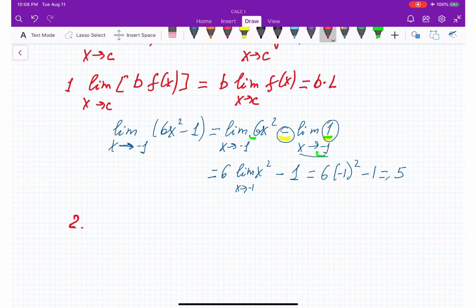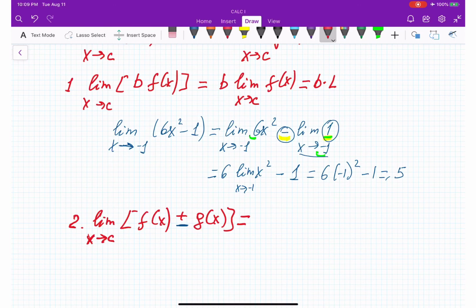One more time, let me write it down. The limit of the sum or difference of two functions as x approaches c is equal to the sum or difference of the limits of these functions.